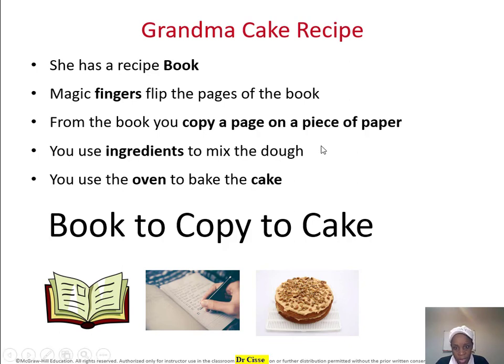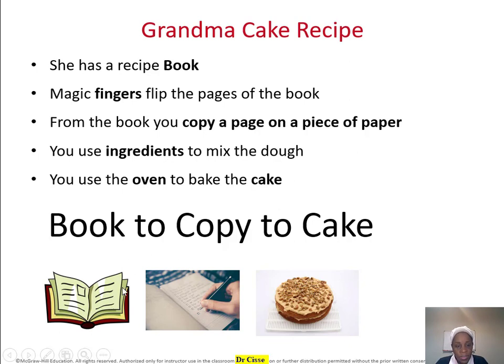Then, after you mix that, you shape it, you put it in the oven, you bake it to make the cake. Now, if you think about it, the cake came from the book, but the ingredients that made the cake came between the book and the cake, from some ingredients you'll find in your kitchen, in the pantry, to be able to make the cake.